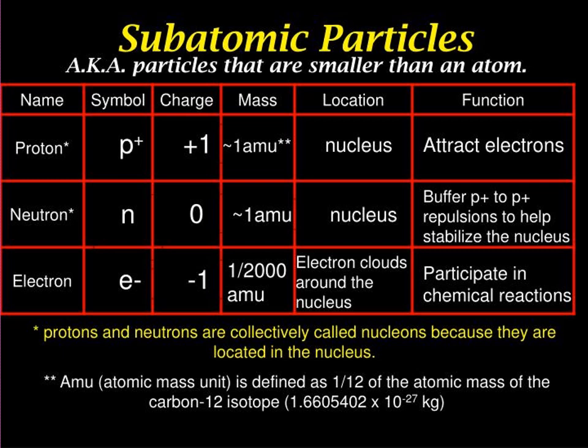Orbit is the path along which the electron revolves around the nucleus.